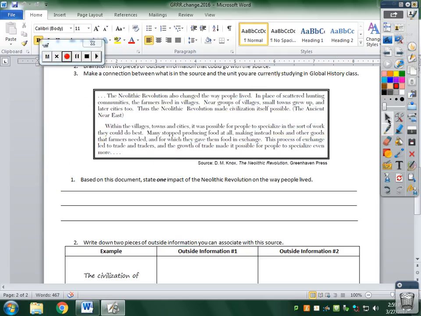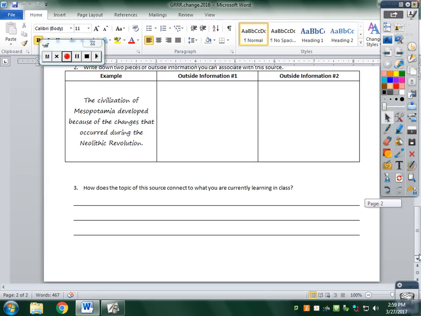I'm going to move along to the last part of the assignment, which is, in fact, to connect. So how does the topic of this source above connect to what you are currently learning in class? So this source above is talking about the Neolithic Revolution.